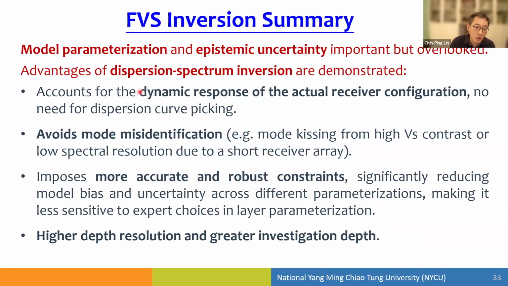And I hope I clearly showed the advantage of dispersion spectrum inversion, because it accounts for the dynamic response of the actual receiver configuration, it can avoid more misidentification, and it imposes more accurate and robust constraints. Many case studies also show it gives you higher depth resolution and greater depth of investigation.